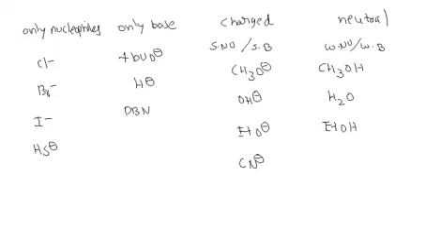Charged species like CH3O minus can act as a strong nucleophile and a strong base. CH3OH methanol can act as a nucleophile and a base, but it is a weak nucleophile. So from the knowledge we have about nucleophilicity, we can classify the nucleophiles like this for our better understanding.